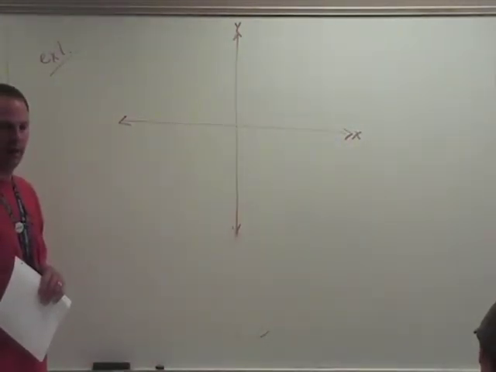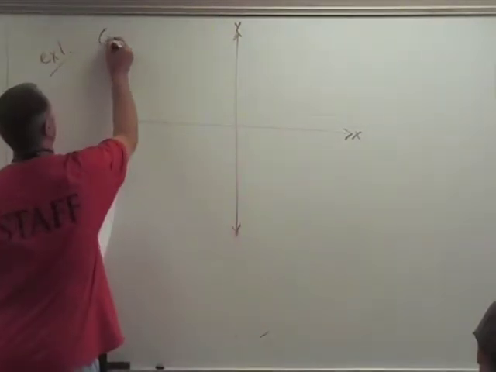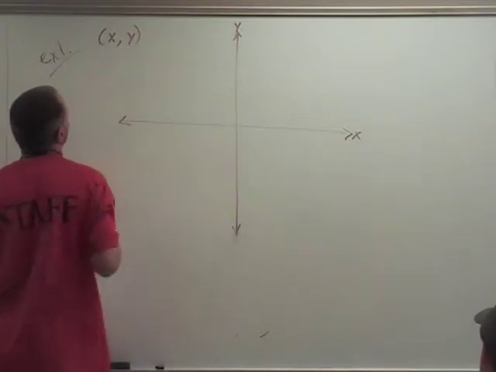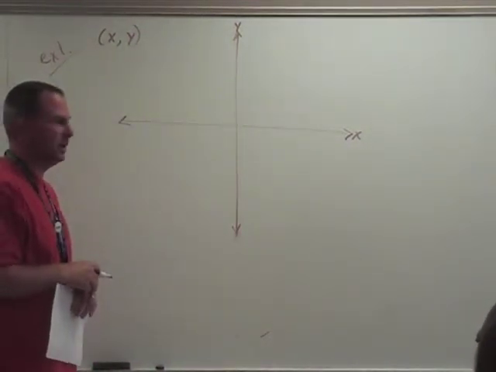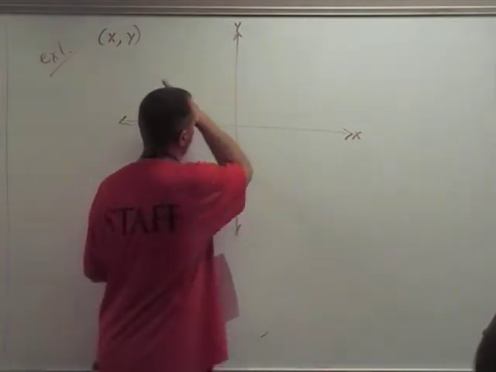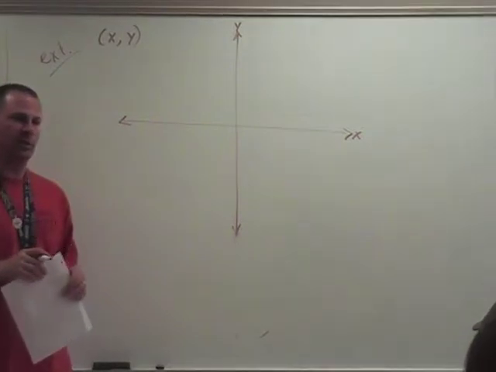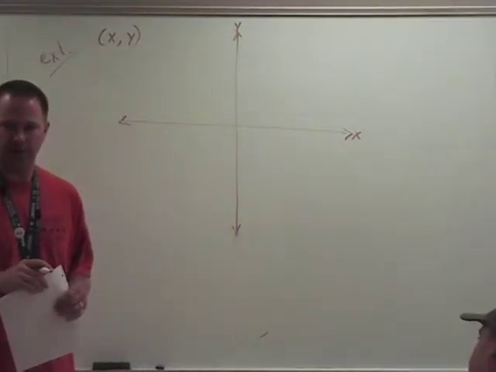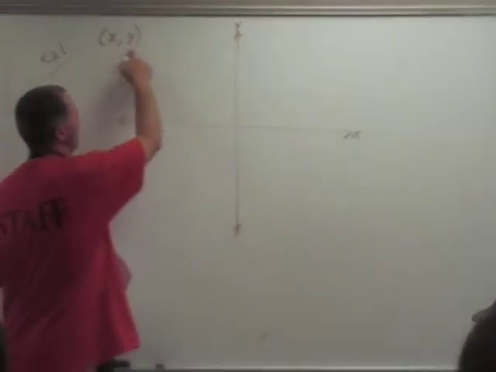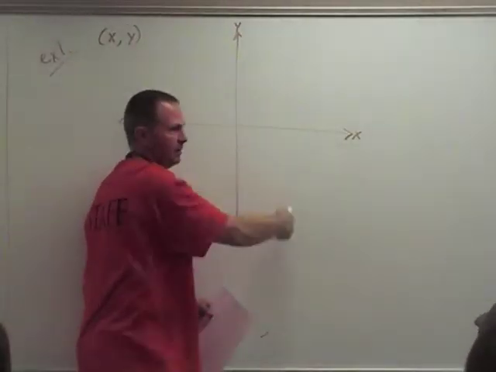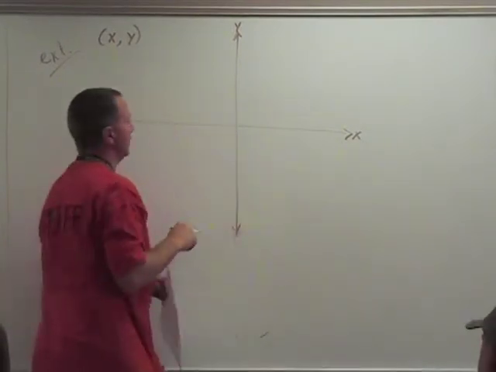Okay, it's an infinite graph. Alright, now, yesterday you learned about the coordinate x, y. X is always first, y is second. You just learned that the x coordinate is represented on the horizontal axis, just like your number lines that you've learned in the past. Everybody with me so far? Yeah. And we also learned that the y coordinate now gives it a height. Okay? Either a negative going down or a positive going up.